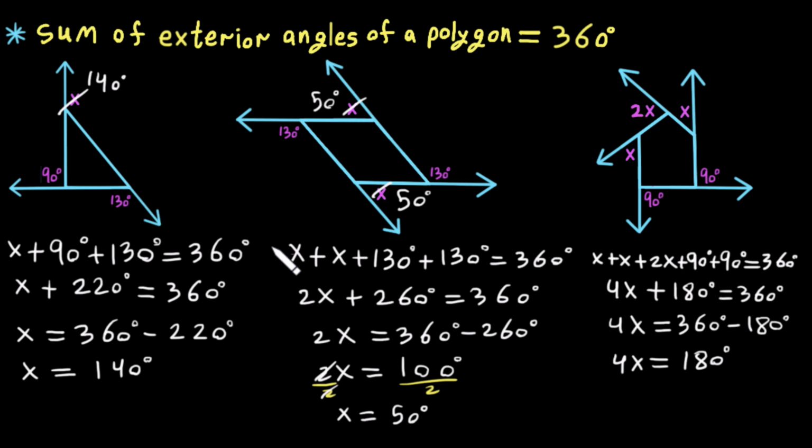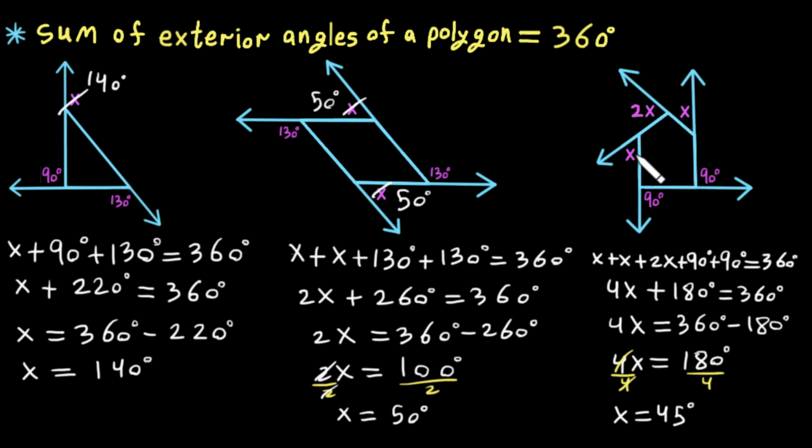Now here we have to divide by 4 on both sides. This one will cancel with this one. Then x equals 180 degrees divided by 4. It's like 180 degrees divided by 2, which is 90, then divided by 2, which is 45 degrees. So the answer is 45 degrees.